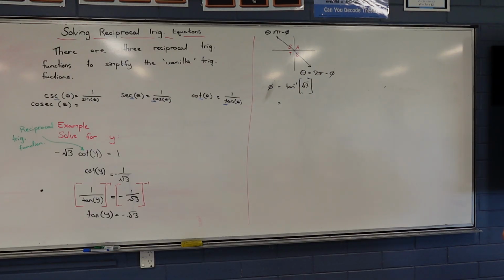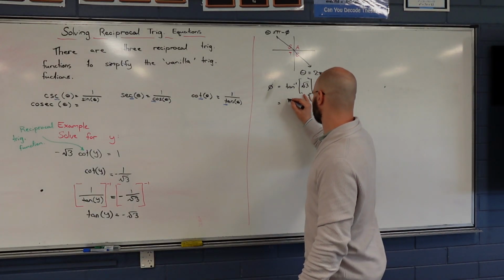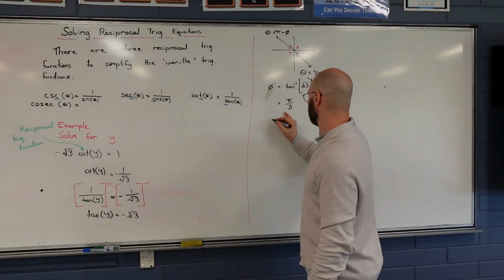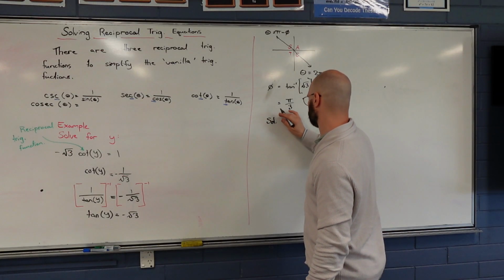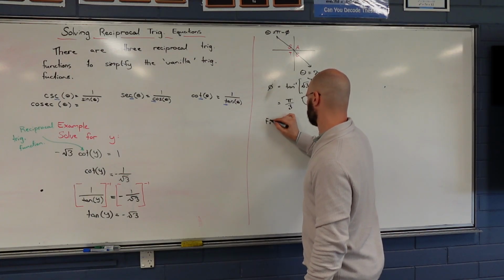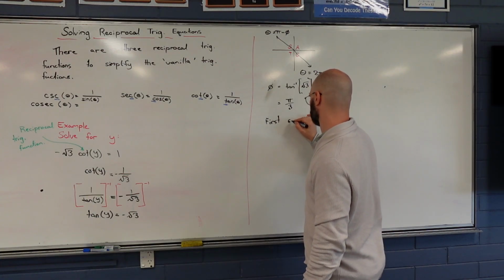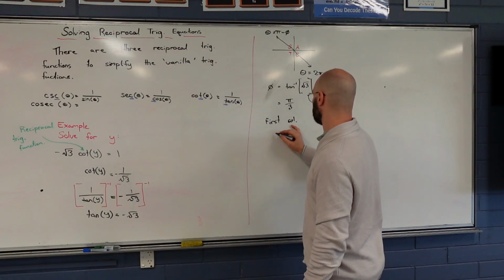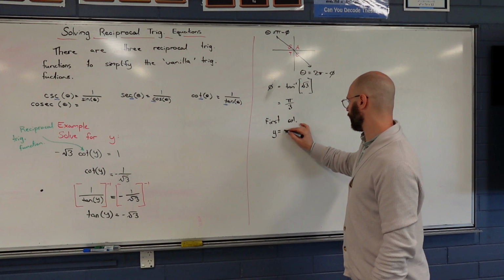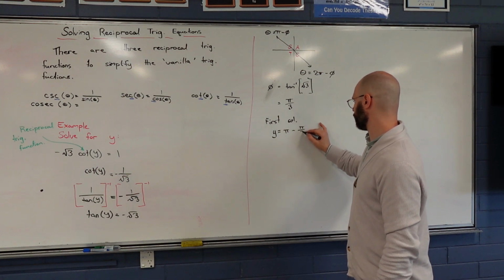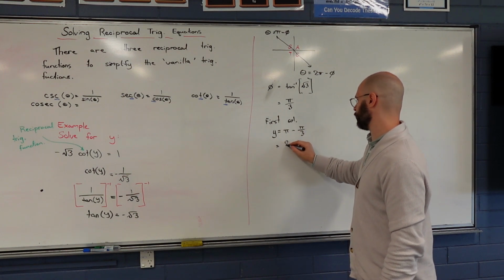Pi on 3. So therefore our first solution is y equals pi minus pi on 3. So that's going to be 2 pi on 3.